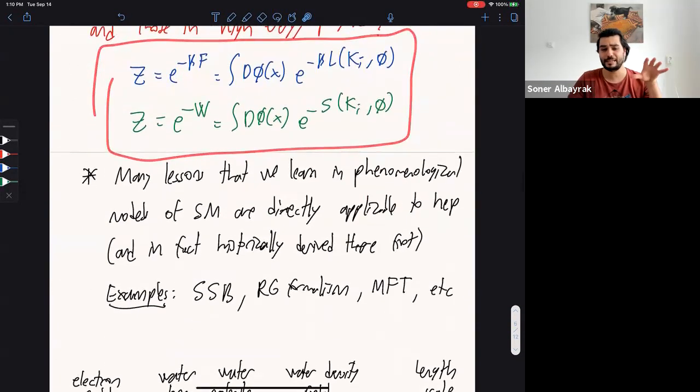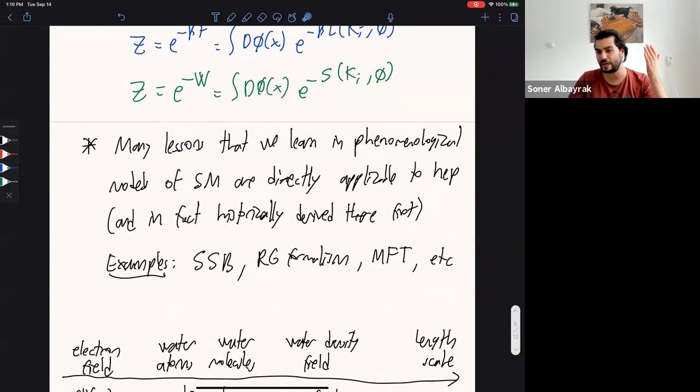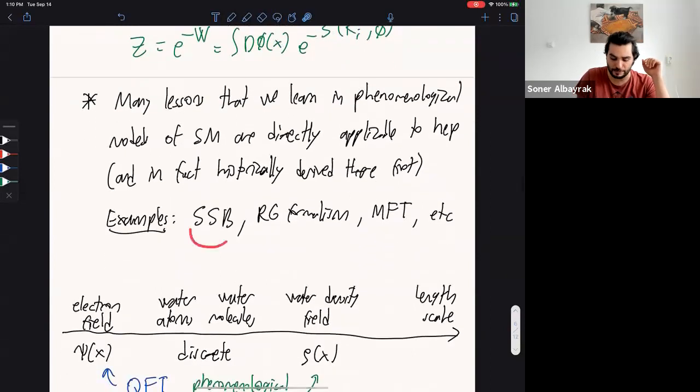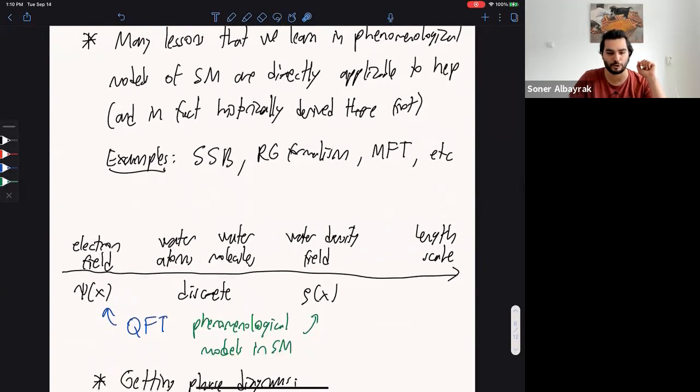That means many lessons that we learn in phenomenological models of statistical mechanics are directly applicable to high energy physics. In fact, historically, they were first derived there: spontaneous symmetry breaking, RG formalism, mean field theory, non-Gaussian bosons, etc. There are lots of things that are common in both approaches.